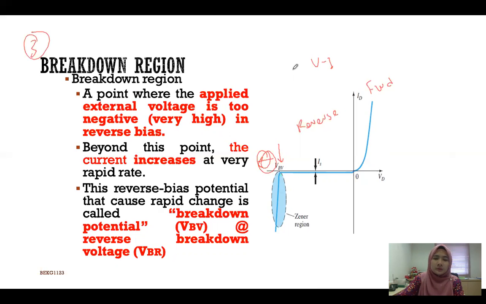And this part over here we also call the Zener region. So later we will look into the Zener diode. A Zener diode is a diode that can work in this Zener region, or the breakdown region.